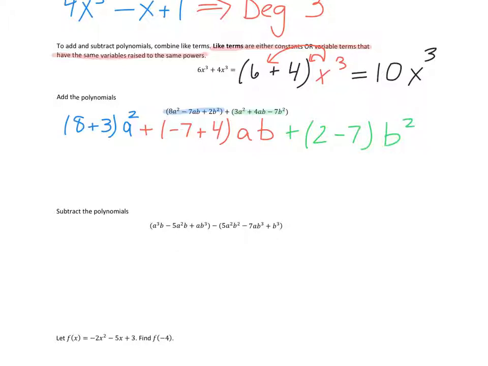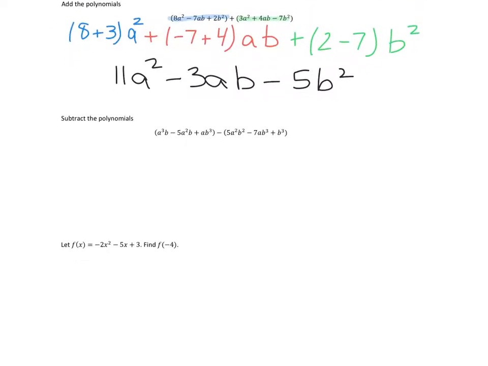So our final answer is 11a squared minus 3ab minus 5b squared. All right, because 2 plus -7 is -5. And we know we're done when we're simplified completely, no parentheses, no uncombined like terms.